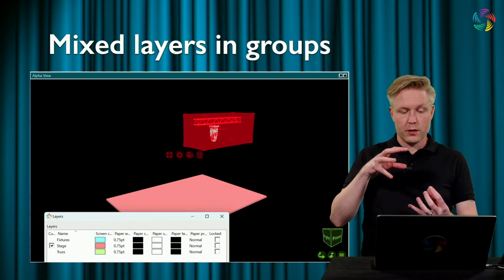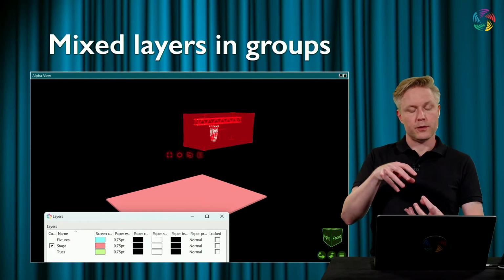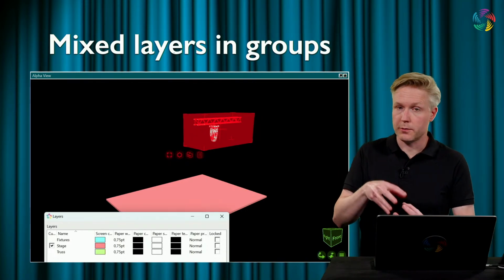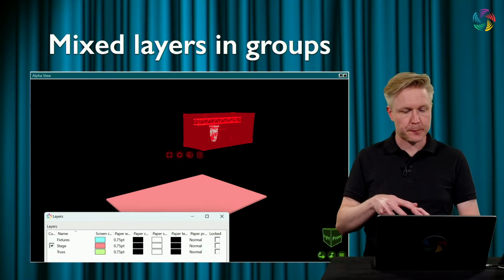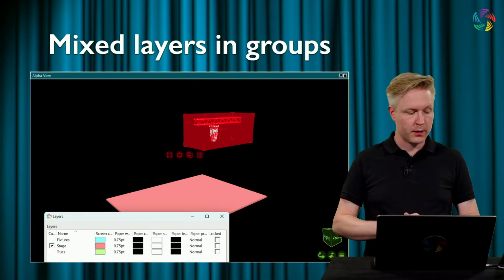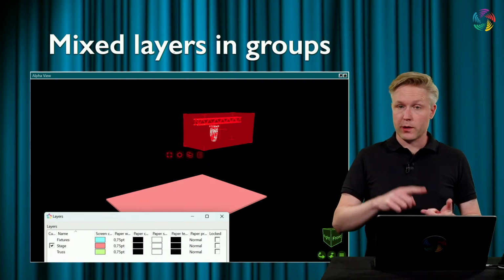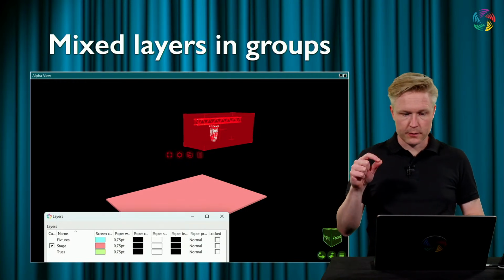if you often find yourself grouping objects and you put objects in that group in different layers, then this is not supported by MVR. In this example, I have created 3 different layers, one for fixtures, one for the stage, and one for the truss, and I have grouped the fixture with the truss.